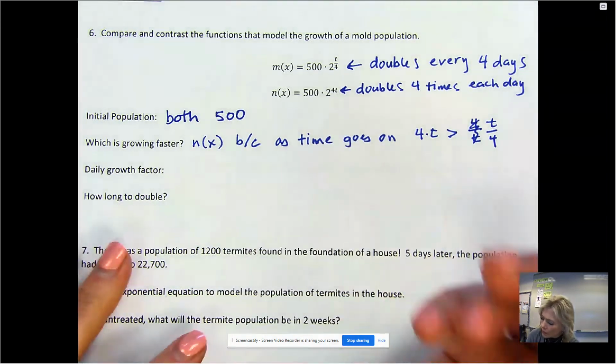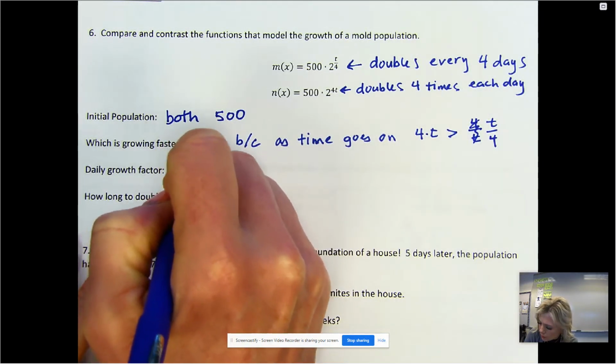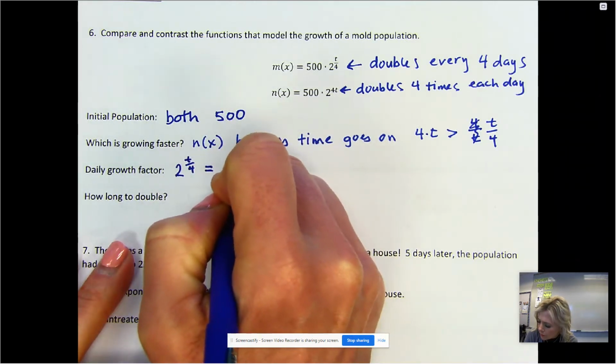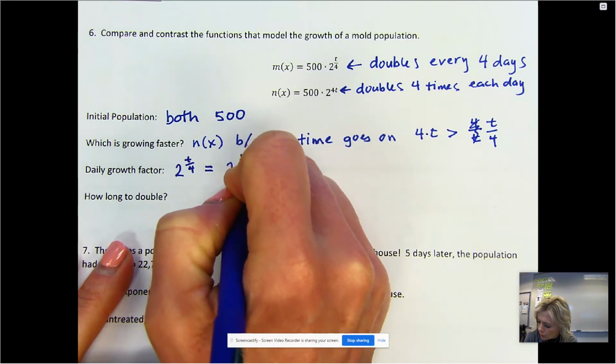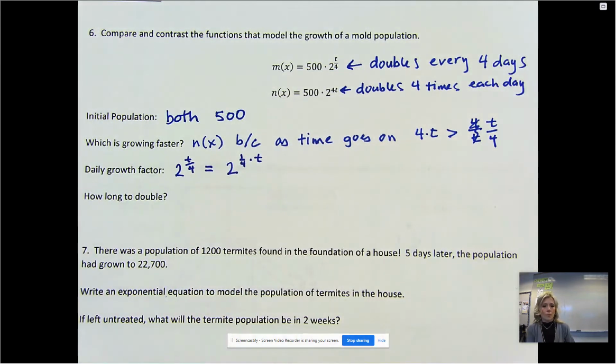So if we take, for example, 2 to the t divided by 4, that's equal to 2 to the 1/4 times t, right? Because t divided by 4 and 1/4 times t are the same thing.